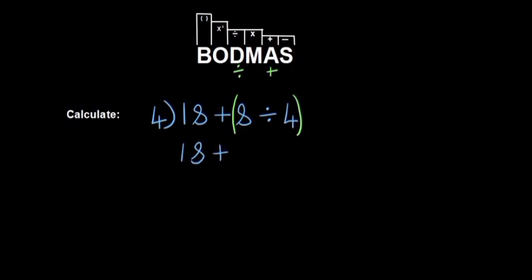So that means we're going to divide 8 by 4 to get a 2. And now the division is gone. Lastly, we're going to add the 2 to the 18 to get 20. And now the addition is gone. So this is the final answer.